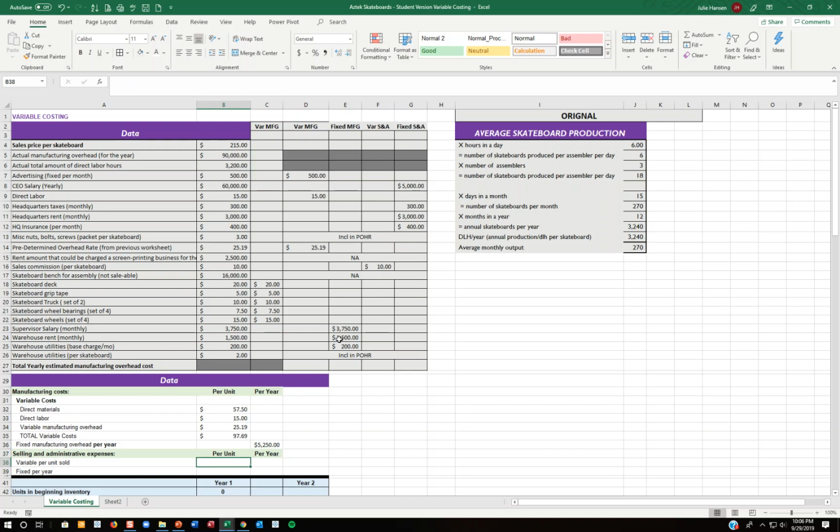For the variable selling and administrative, we have that commission, which we're going to find right over here. There's our commission. I had also transferred it over to the variable selling, so I didn't have to look so hard. And the fixed selling and administrative is going to be our CEO's salary, as well as the headquarters rent, the headquarters taxes and the headquarters insurance.